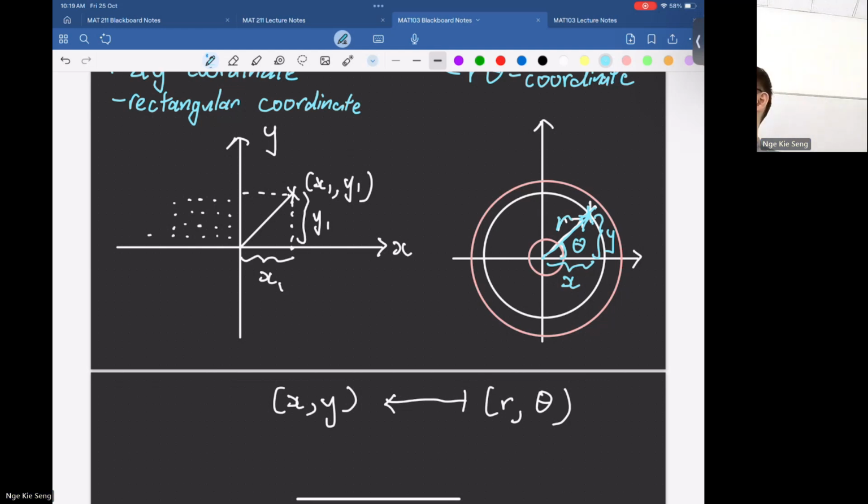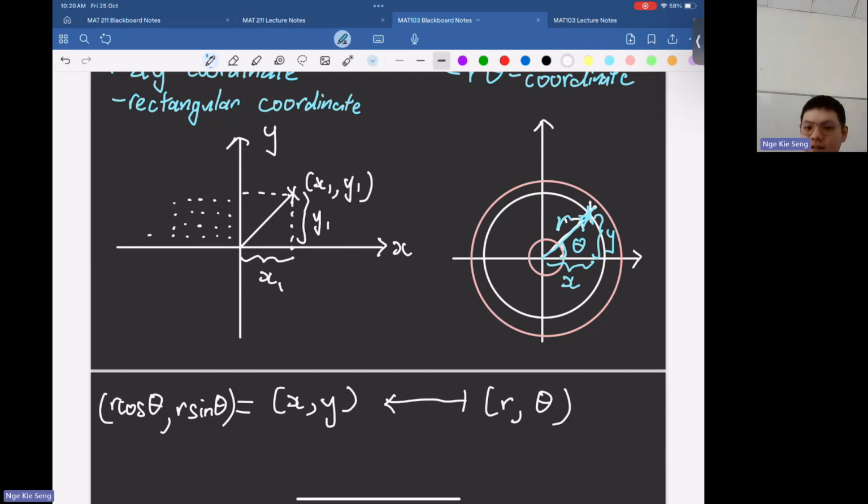How to get x y? x equals r cosine theta and then y equals r sine theta. Good. Okay. So this is the circle we have been building, right?